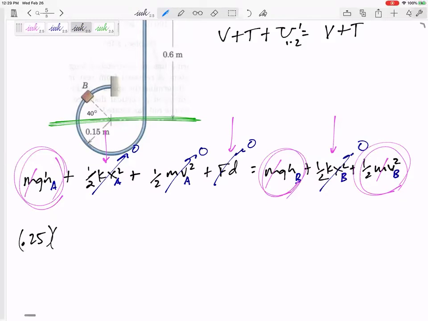0.25 kg is the mass. 9.81 is gravity. Remember, don't plug in negative 9.81 for mgh, because we've already taken into account the direction of g. And the height, 0.6, equals 0.25, 9.81.